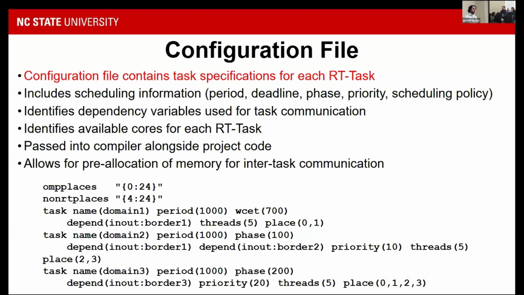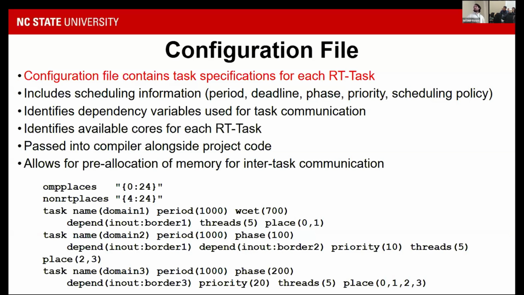So what we've done here is the integration of a configuration file that contains all of the information for all the RT tasks in the compiled program. This is passed in at compile time along with the C code for the program, the system.